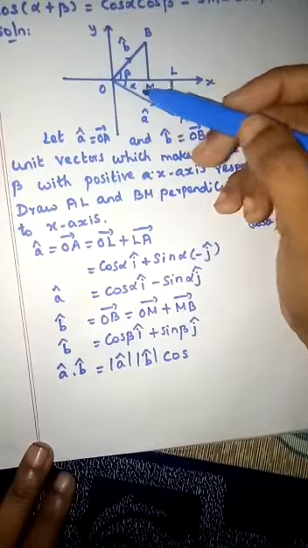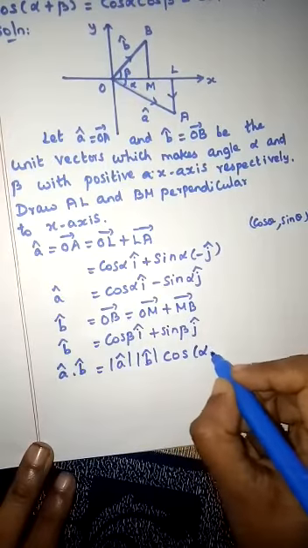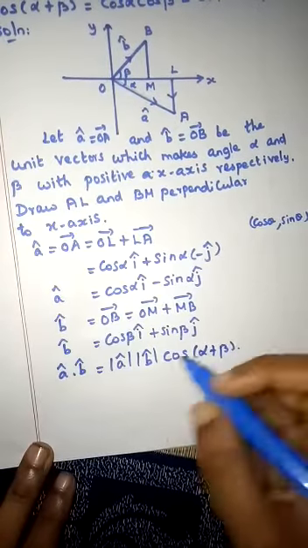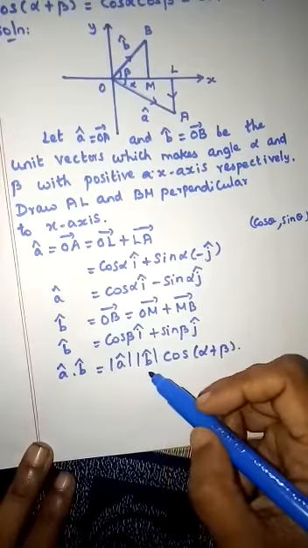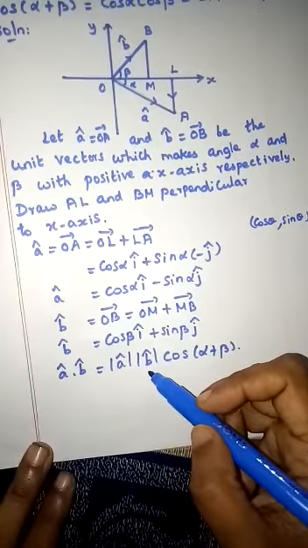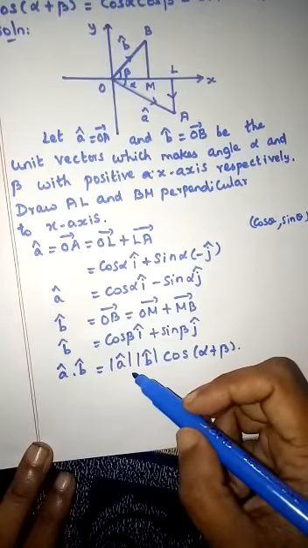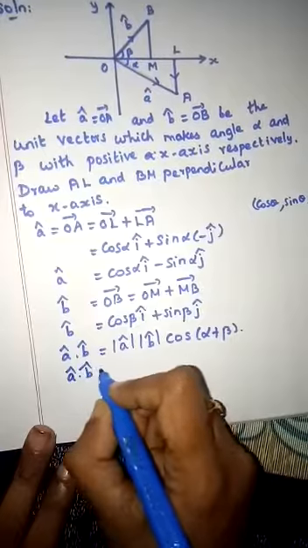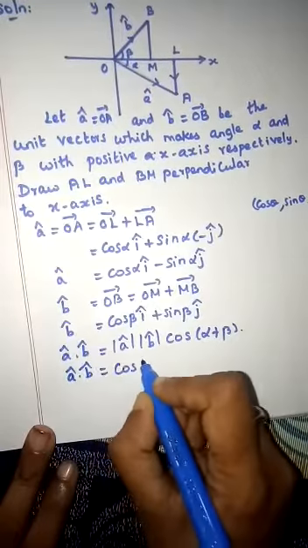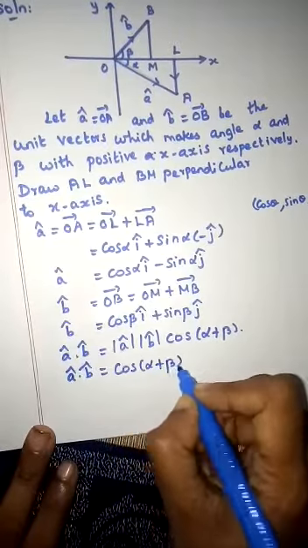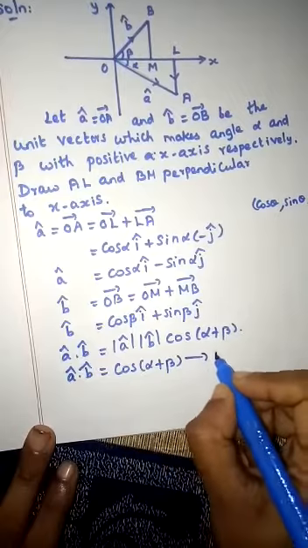So the full angle is alpha plus beta. Modulus of A cap is 1, modulus of B cap is also 1, because the magnitude is 1. So here it is 1 into 1, which you can remove. A cap dot B cap is equal to cos of alpha plus beta. Mark it as equation 1.